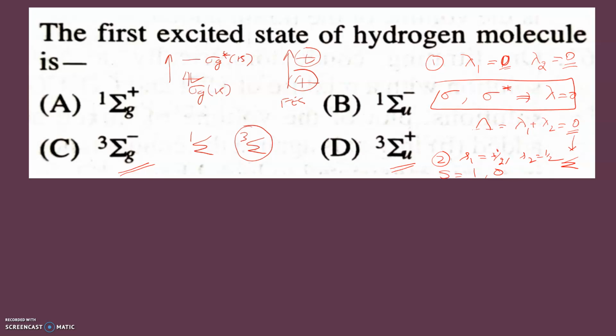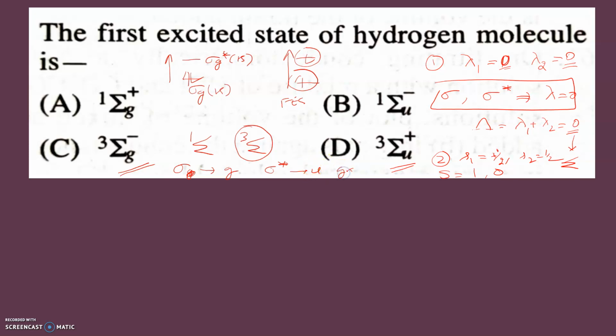Then, for sigma g orbital, the symmetry is Gerade. For sigma star anti-bonding orbital, symmetry is ungerade. Sigma bonding, symmetry is Gerade. Sigma anti-bonding, symmetry is ungerade. So electron 1 is present in Gerade symmetry orbital, and electron 2 is present in orbital with ungerade symmetry.